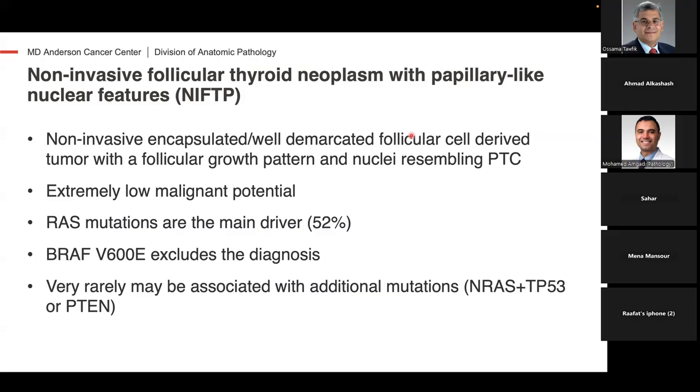There are some NIFTPs that have more than one mutation, like RAS and TP53 and TERT, but you need to be very careful calling a tumor NIFTP when it has a RAS and another driver, like TERT or TP53. You usually see those in aggressive tumors, right? So once you see a TERT and a TP53, maybe hold off or just be very wary about calling it an NIFTP.